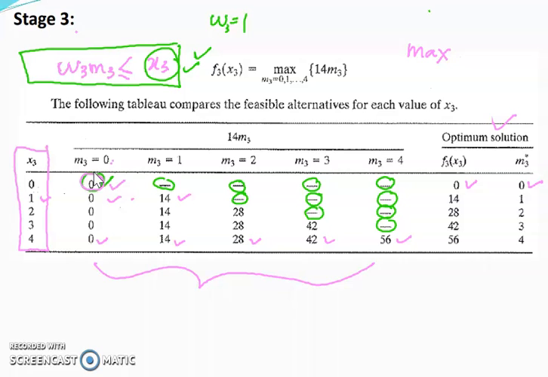The maximum value is 14, and it comes from 1. The same goes for all the values. You have to find the maximum value, the optimal solution, and decide the alternative that it is coming from.